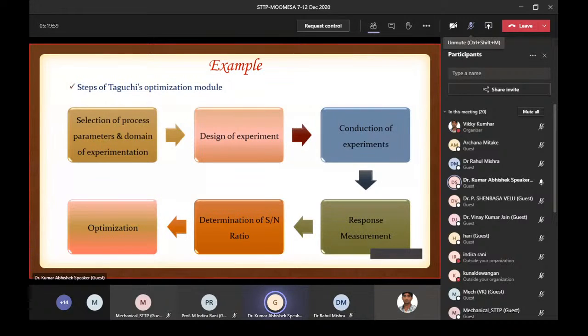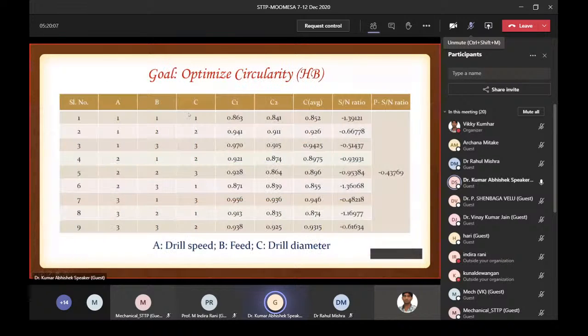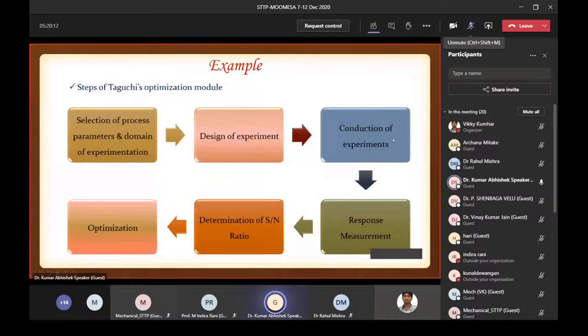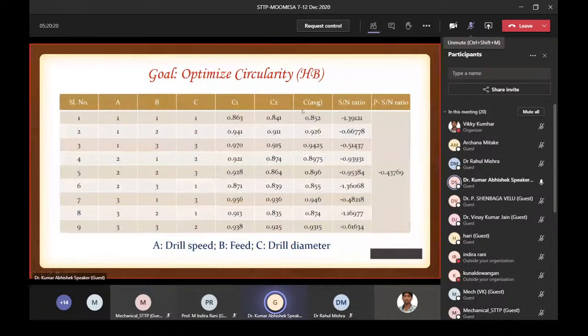Then you design the experiment using the L9 orthogonal array concept, conduct the experiment, and then measure the responses as circularity, circularity 1 and circularity 2.